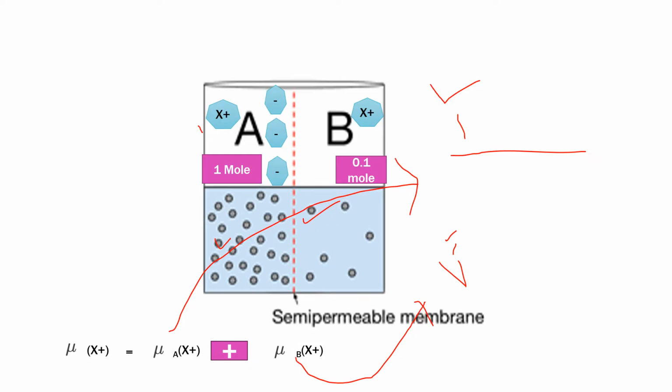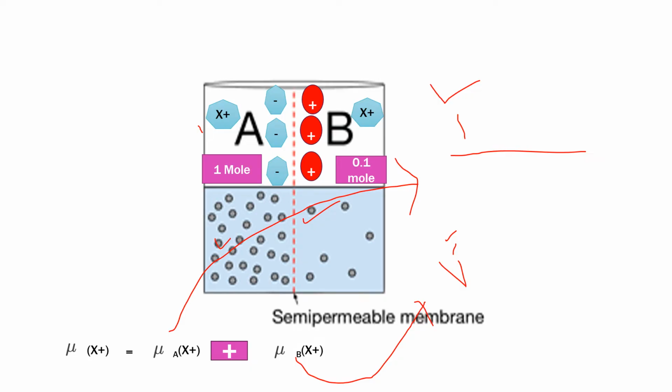As long as there is no electrical gradient, it is okay. Along the concentration gradient, X moves smoothly from higher concentration to lower concentration. But if we make compartment A electrically negative compared to compartment B, what will happen? The direction of net X plus movement will depend on which one is dominant, the concentration gradient or the electrical gradient.